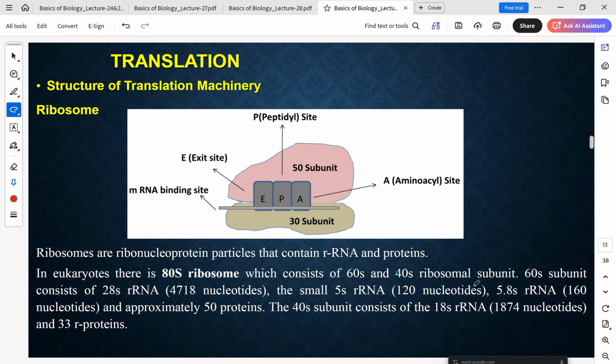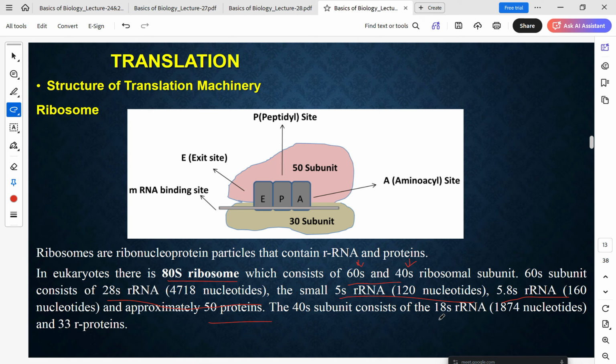In case of the mammalian eukaryotic system, the setup is an 80S ribosome, which contains 60S and 40S subunits. This is the big subunit, this is the small subunit. The 60S subunit consists of 28S rRNA, 5S rRNA, 5.8S rRNA and 50 ribosomal proteins.